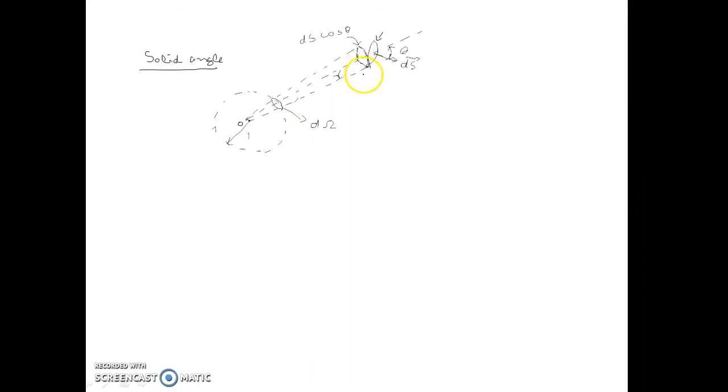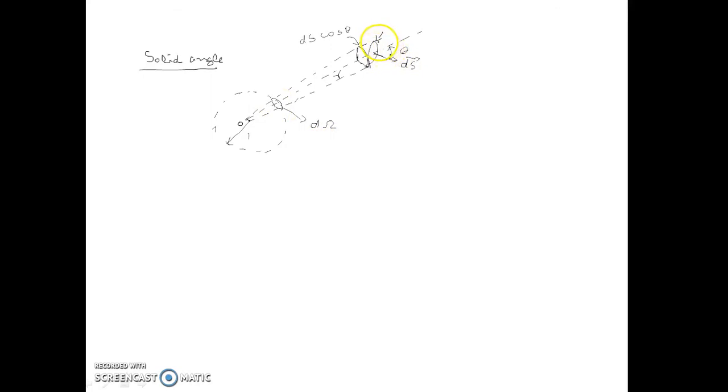So the solid angle is defined as the area on this unit sphere whose center is at O, and this area is subtended by this surface dS. So this is known as solid angle.